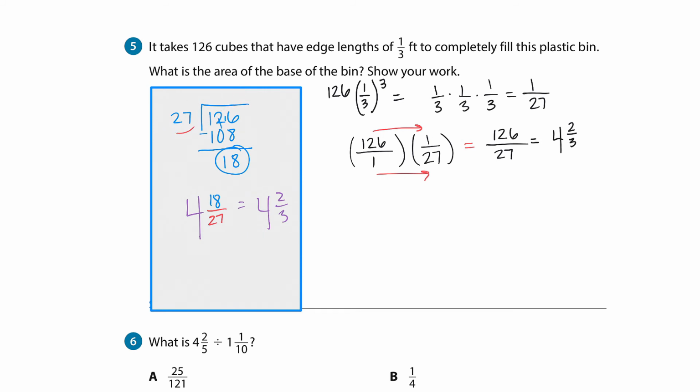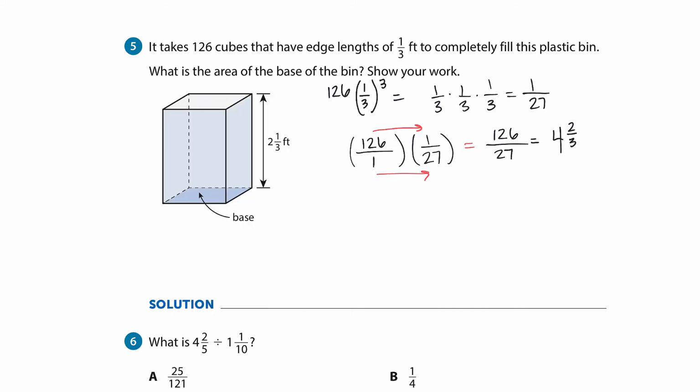Okay, so now I have enough information. I'm going to take this guy off real quick. Okay, so we know the volume is 4 2/3. Okay, so now we have 2 pieces of information. Now we can find the last piece of information. Okay, so this is our second part.